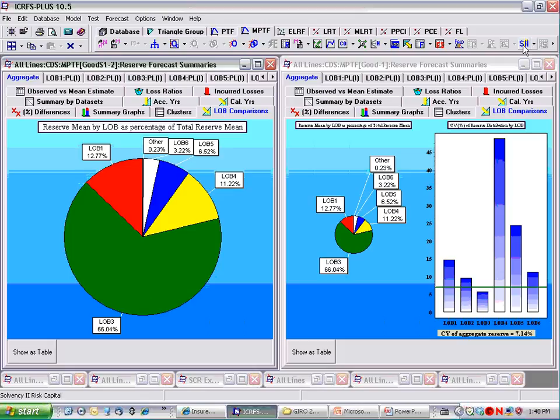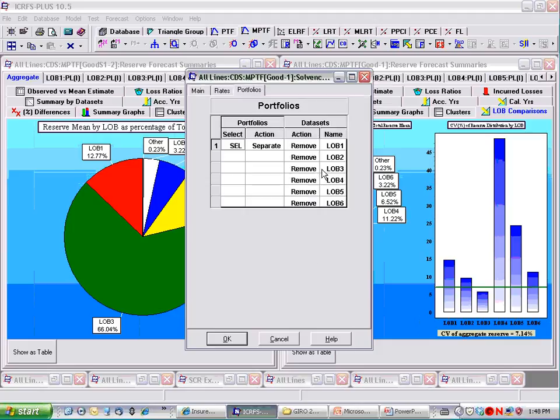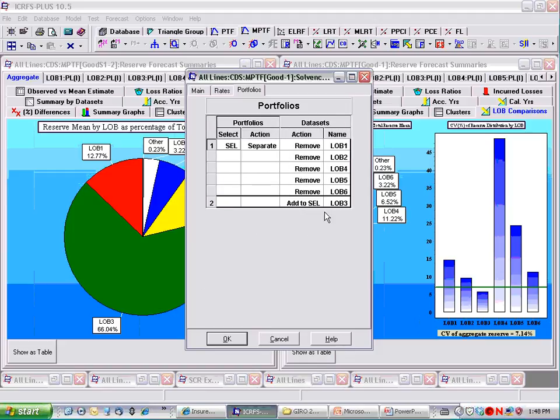So now we're going to do two simulations. First of all, we're going to do only the reserve part. We're going to assume full redistribution of surplus across LOBs, so they're fully fungible. That means there's only one portfolio, which consists of all the LOBs. I can set up other portfolios. I can remove that one and have LOB3 as its own portfolio, and then add to that portfolio, say, LOB5.